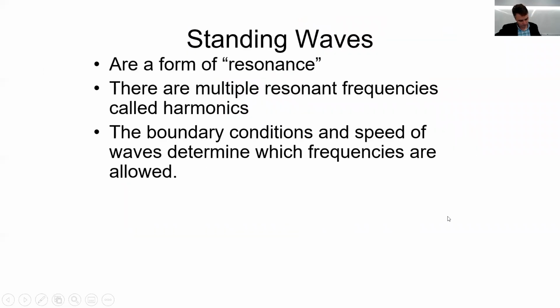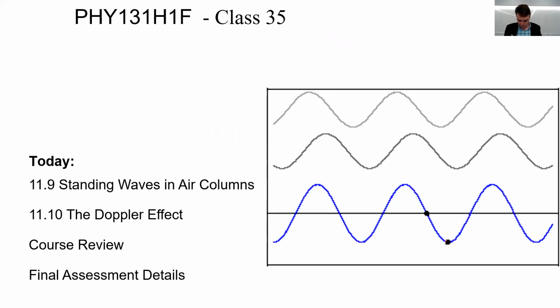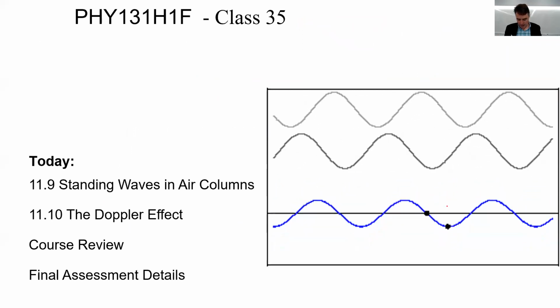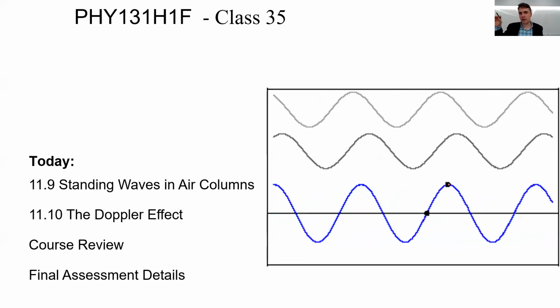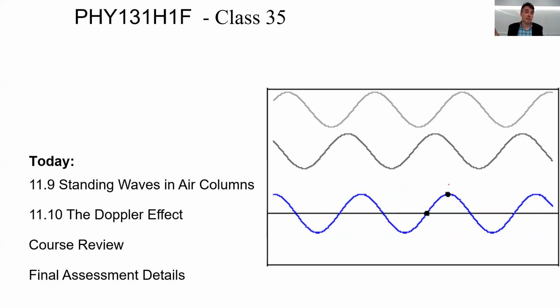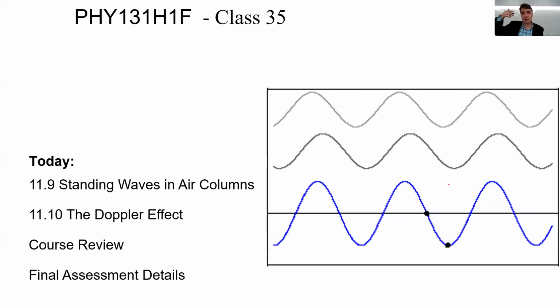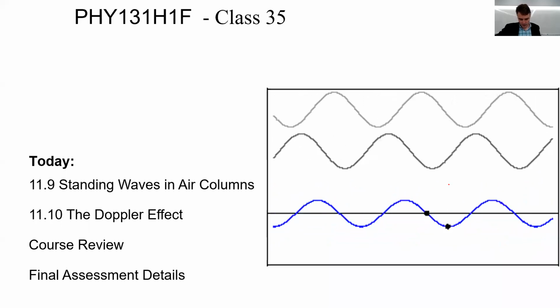At the moment where the black dot is at the very top, that would be A. For that instant, every part of the string is momentarily at rest, because every part is at its maximum displacement away from the equilibrium position. That means it's turning around, and when it's turning around, it goes through 0 velocity.